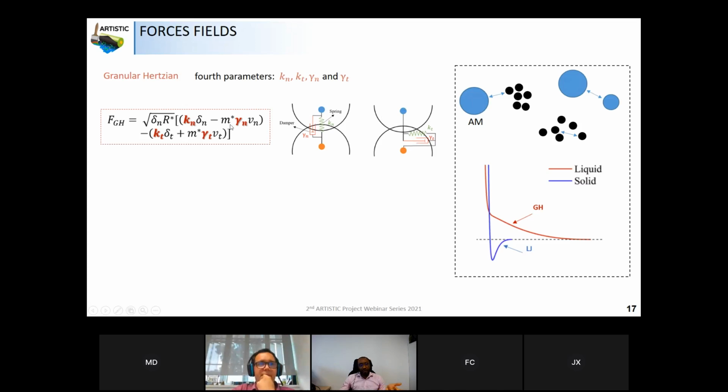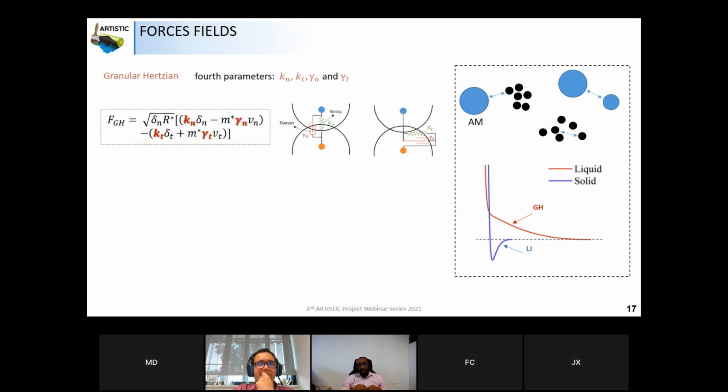So we have 4 parameters here for the granular force field, and then you have active material and carbon binder. We need to define the interaction between active material and carbon binder, and between the carbon binder particles. But this force field is mainly repulsive.